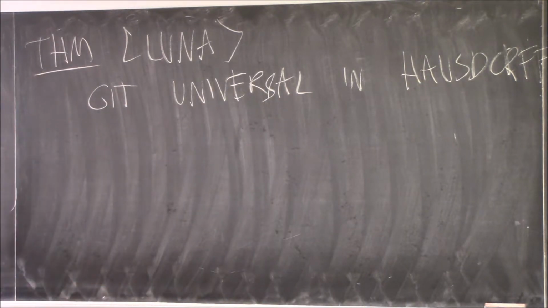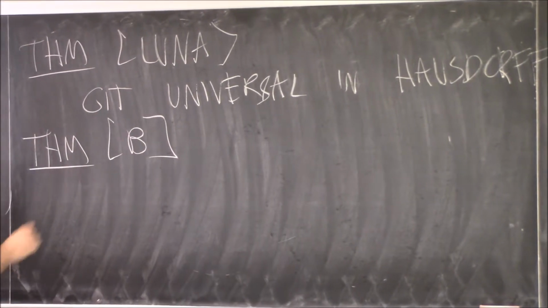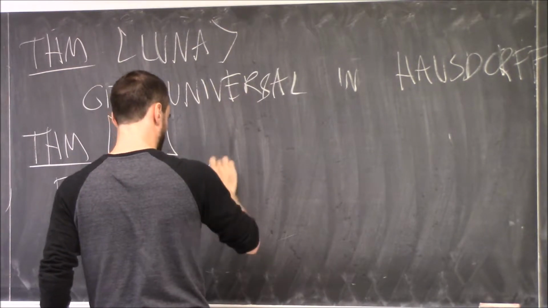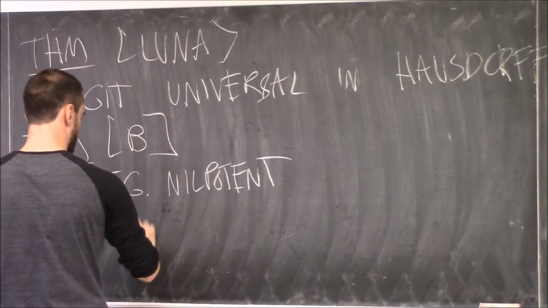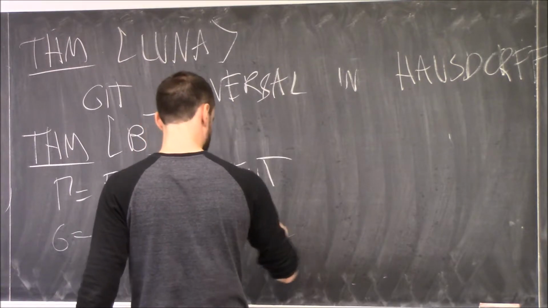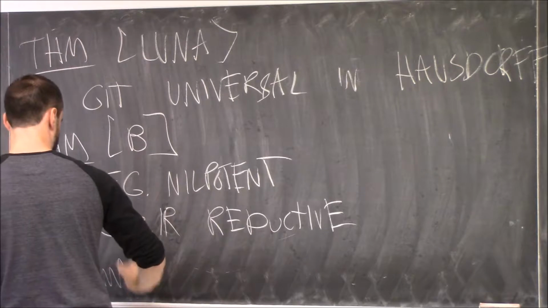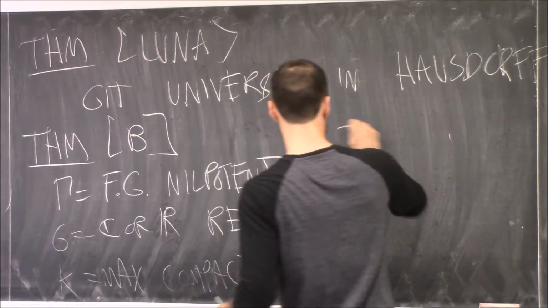And then what I want to say is that the main result I want to talk about is that now from this perspective, we can prove a stronger theorem. So this is the theorem of myself. Now if Γ is any finitely generated nilpotent group, once again G is a complex or real, maybe disconnected, it doesn't matter, reductive group, and K is any maximal compact subgroup of G. Then two things.